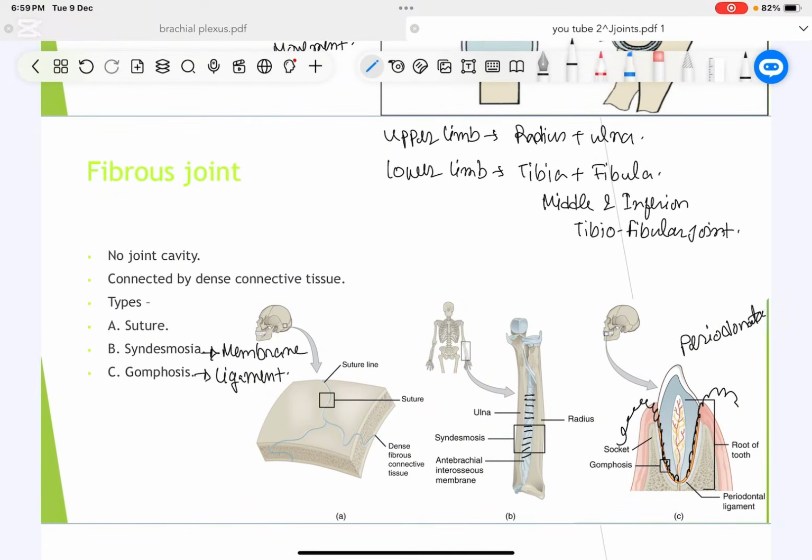This periodontal ligament makes the connection between the teeth and the socket. So the gomphosis example will be the teeth and socket in maxilla and mandible, and here the connective tissue is converted into periodontal ligament.